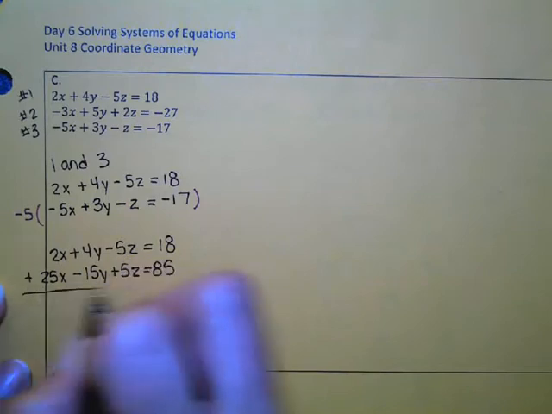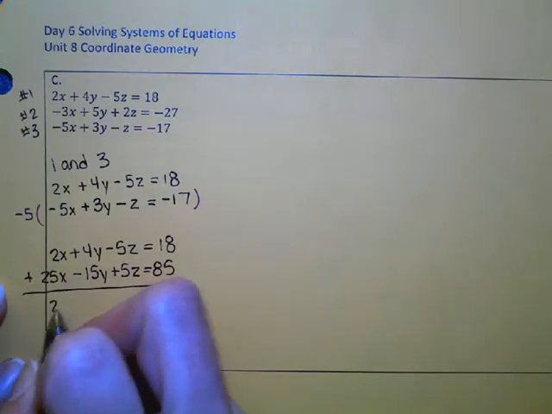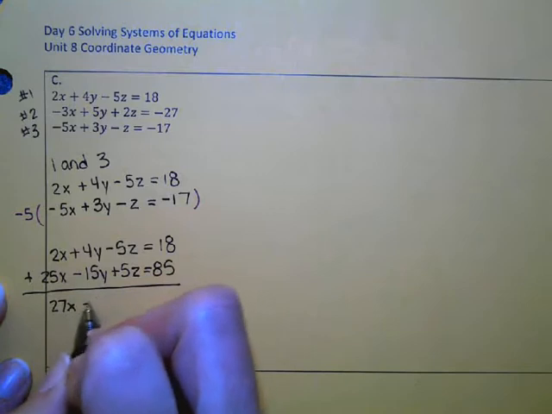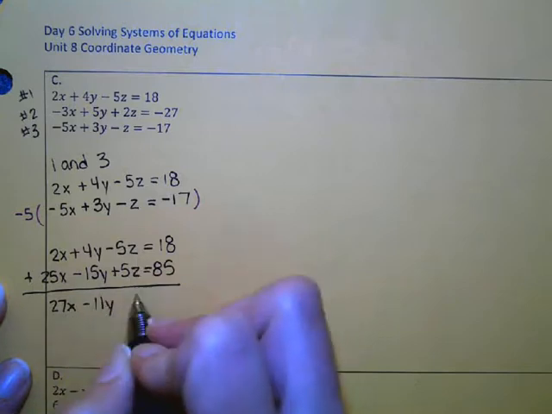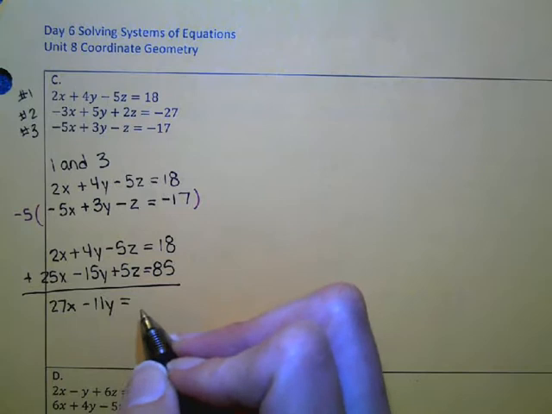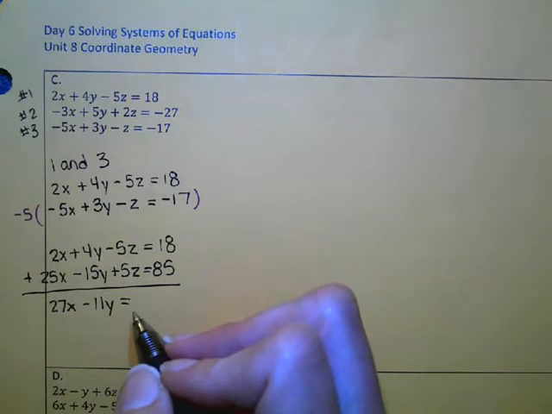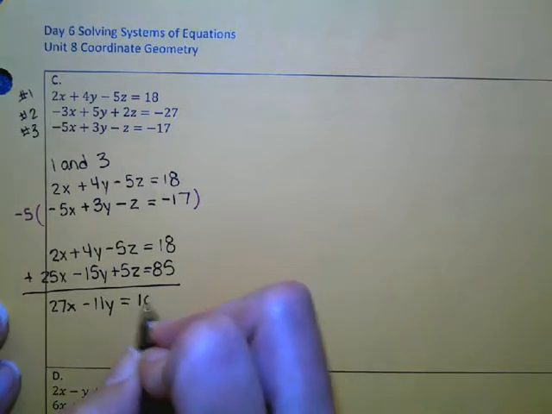Now if you add straight down, you will get 27x minus 11y, those cancel, equals 103.